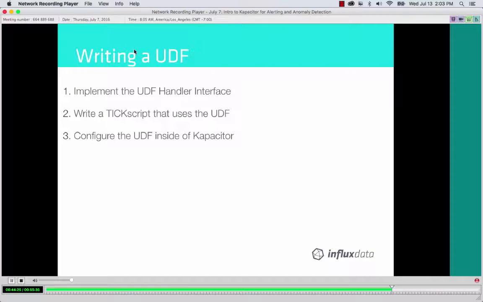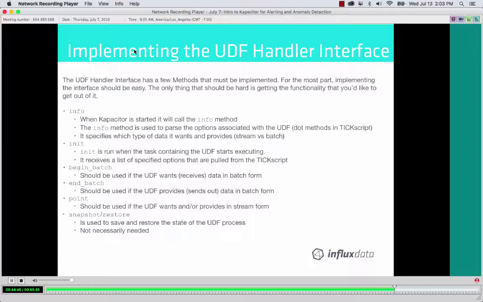The steps you go through to write a UDF are pretty simple. There are just three of them: implement the UDF handler interface, and we'll see what that is in just a second; write a TICKscript that uses the UDF; and configure the UDF inside of Capacitor. You do all those things, and then you have your UDF in Capacitor.